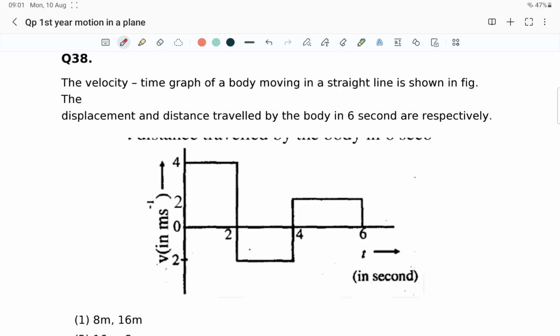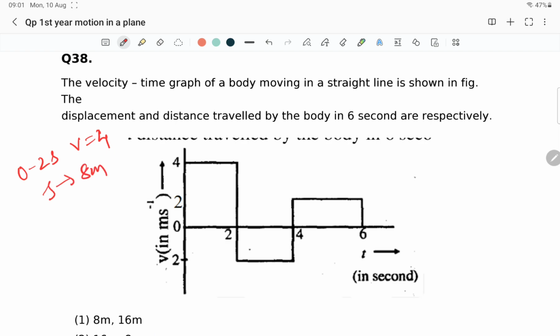Okay, distance and displacement. So the velocity time graph is given. How will you find it? So from the graph, 0 to 2 seconds velocity is 4. Okay, distance is 8 meter. Velocity into time you do, distance is 8 meter.